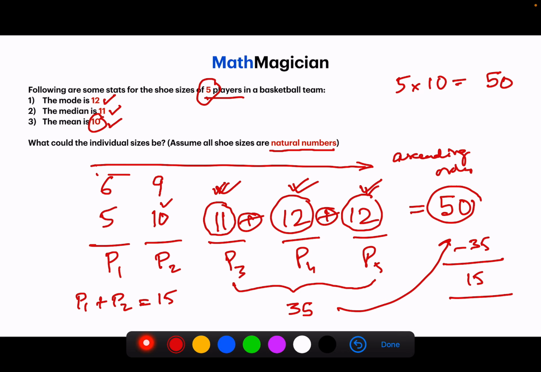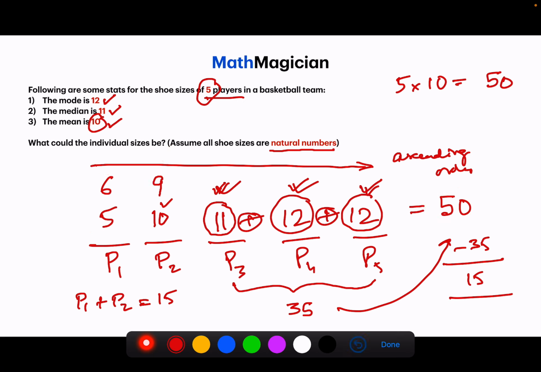If P2 is 8 and P1 is 7, then this condition is also satisfied. So these three are all the possible solutions. P1 and P2 can be either 7 and 8, 6 and 9, or 5 and 10, and for the remaining, you have P3 as 11, P4 as 12, and P5 as 12, right?